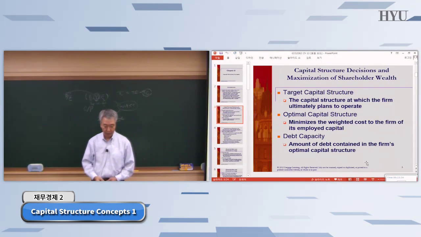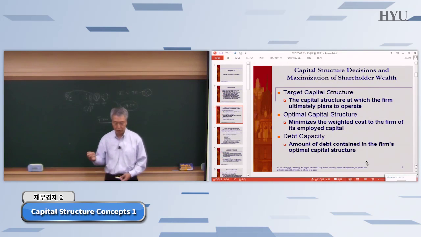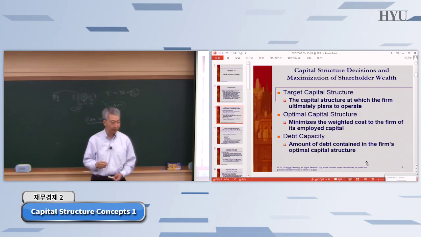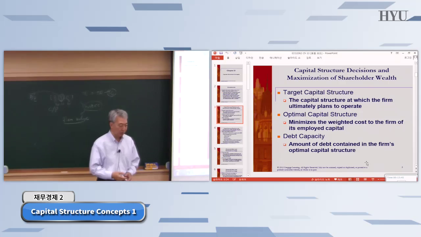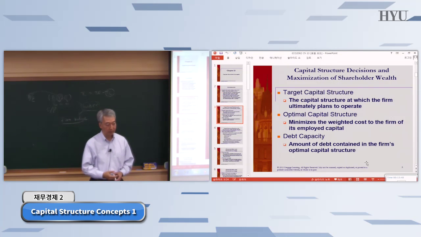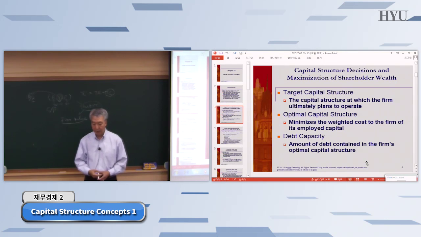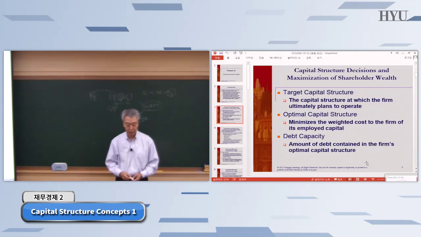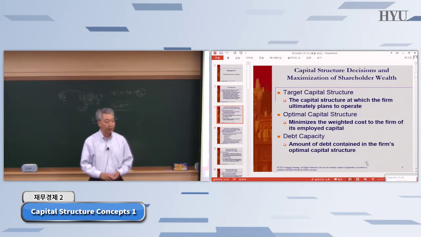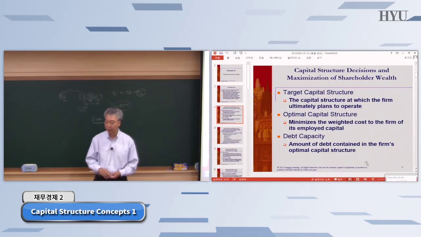So ultimately, the target capital structure should be the same thing as the optimal capital structure. If a company finds their optimal capital structure, that should be their target structure. But depending on certain considerations, there may be some slight deviation, especially temporary or tentative deviation of their actual structure from the target structure. The textbook gives an example of starting a new business.